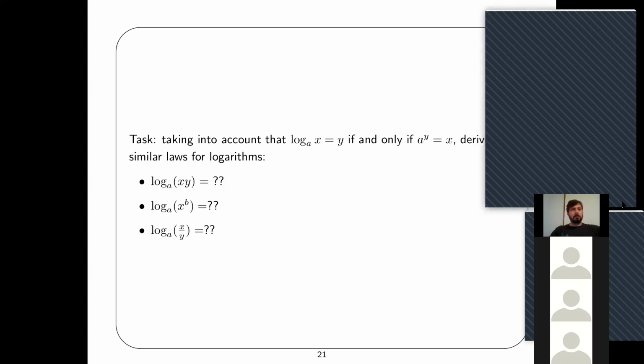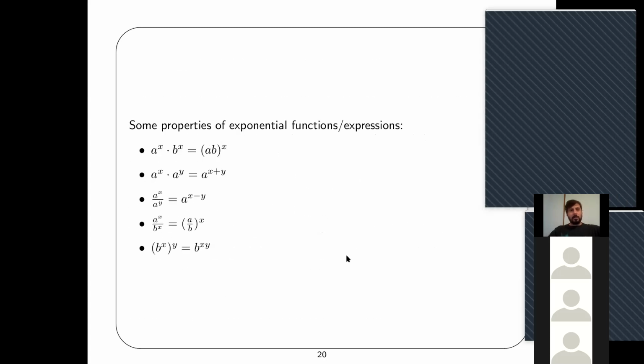I don't have my clock, I have to put my phone away. So a few minutes, and then I'll give you a warning before it ends. Derive these laws, and try to do it in the group in such a way that you probably know how to do the logarithm of the product, but try to see if you can derive it using these rules.